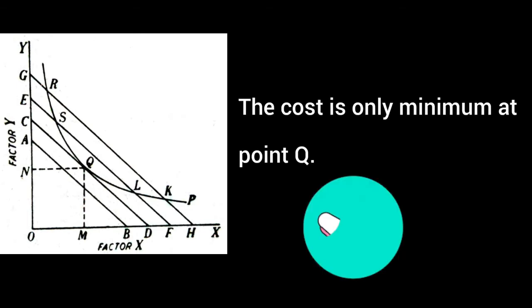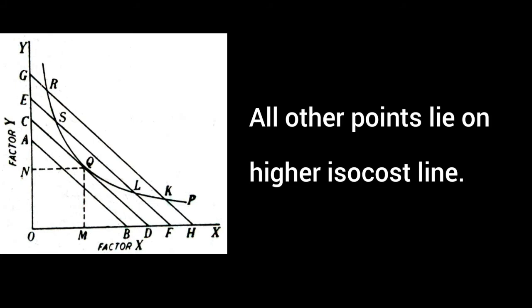The cost is only minimum at point Q, because all other points lie on a higher isocost line.